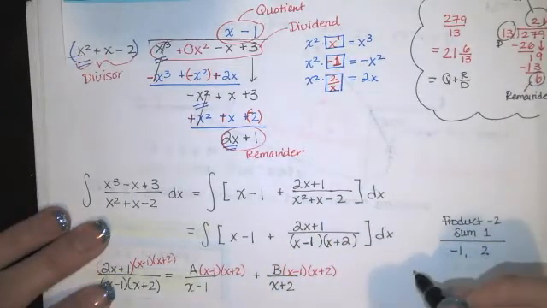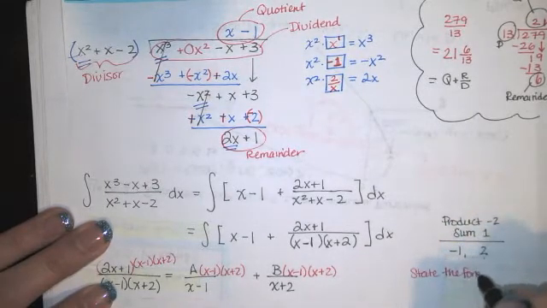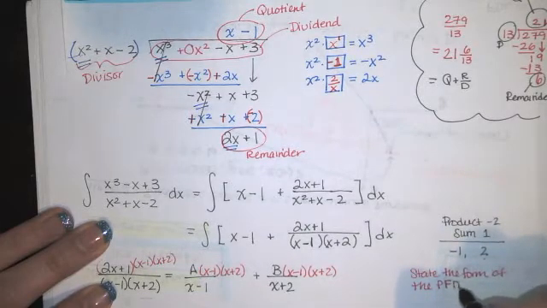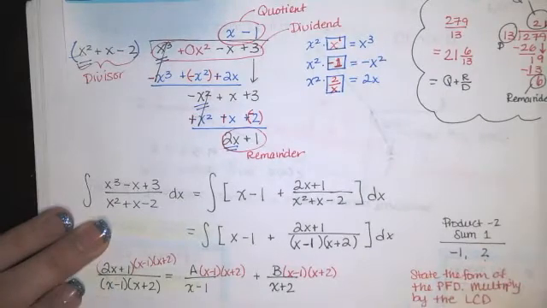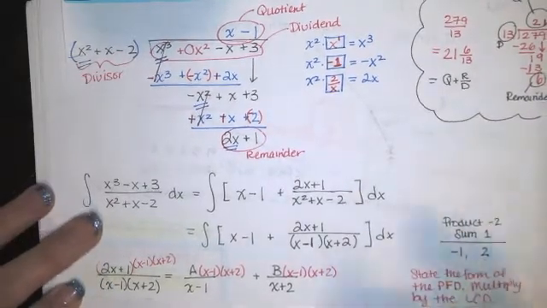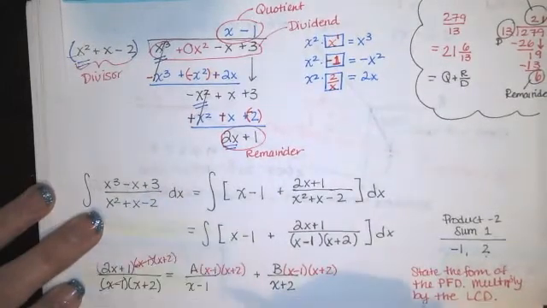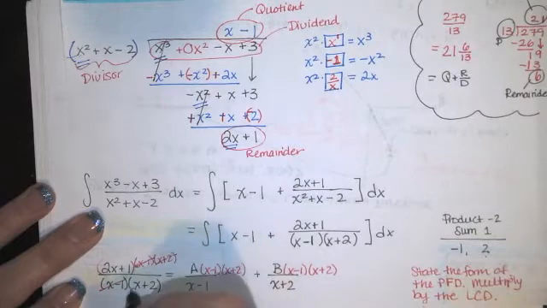So let's write down what we did. We stated the form of the partial fraction decomposition. Then we multiplied by the LCD, and then we're going to simplify. Now, when you do, all those denominators should clear. X minus 1 over itself is 1. This divided by itself is 1.